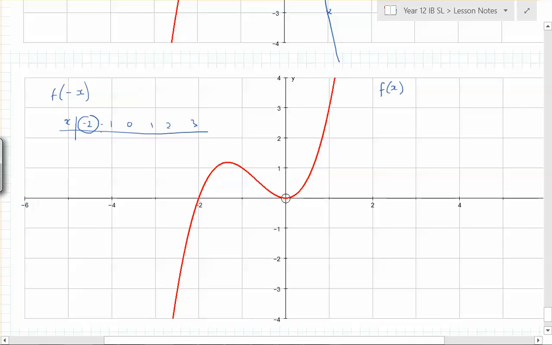So what's -2? +2. So instead of working that answer out, I go to 2 and I take whatever the answer is there and put it there.